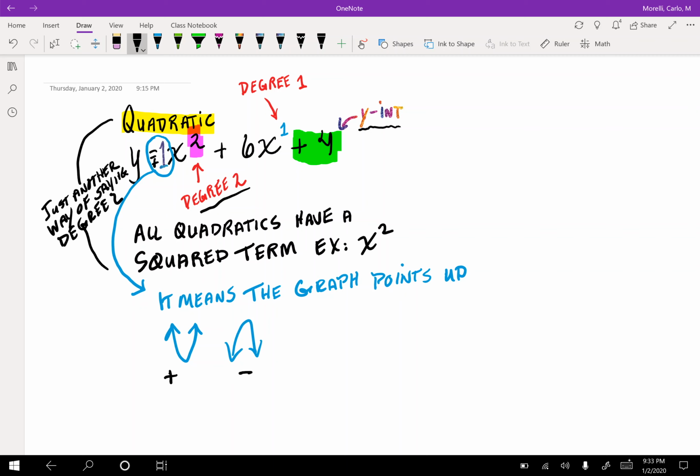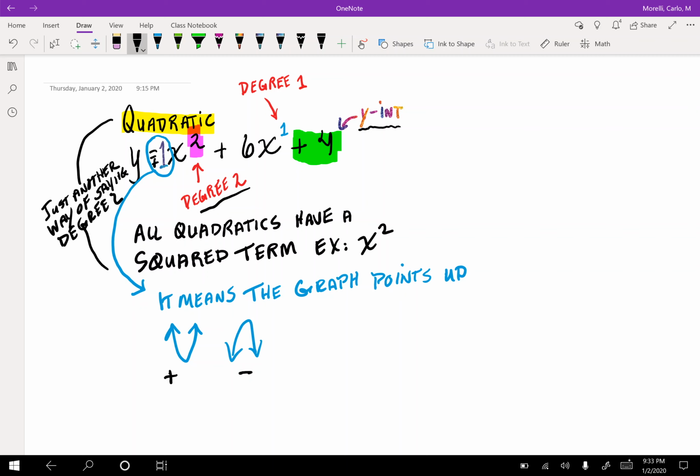So this is not anything you should be afraid of. It doesn't do anything weird. Basically, quadratics are just curved lines. Okay, so this quadratic is a curved line.